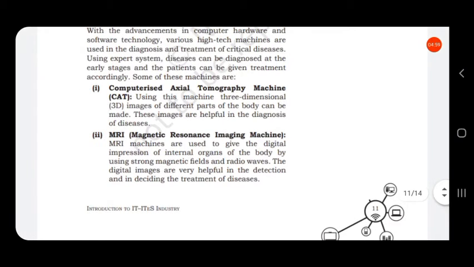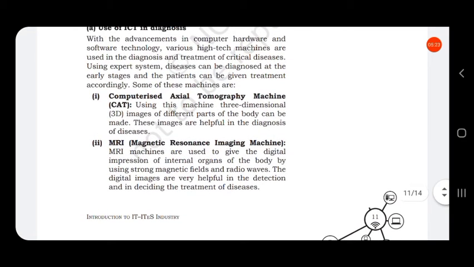Then the next type is MRI, that is magnetic resonance imaging machine. MRI machines are used to give the digital impression of internal organs of the body by using strong magnetic fields and radio waves. The digital images are very helpful in the detection and in deciding the treatment of diseases.